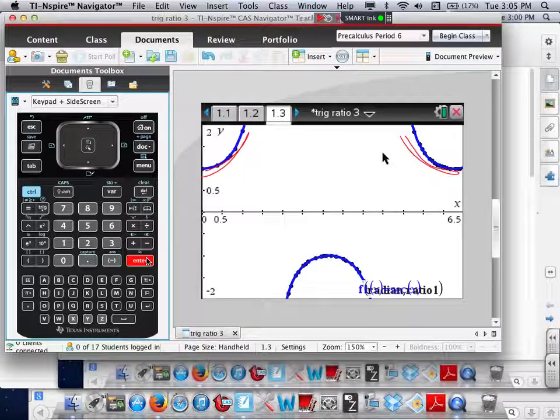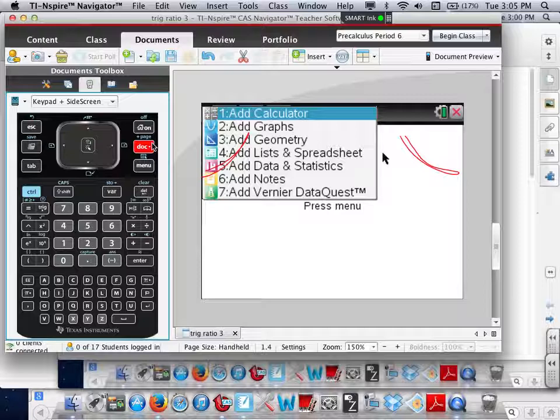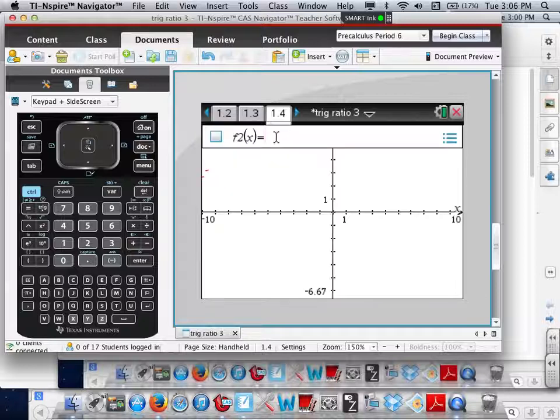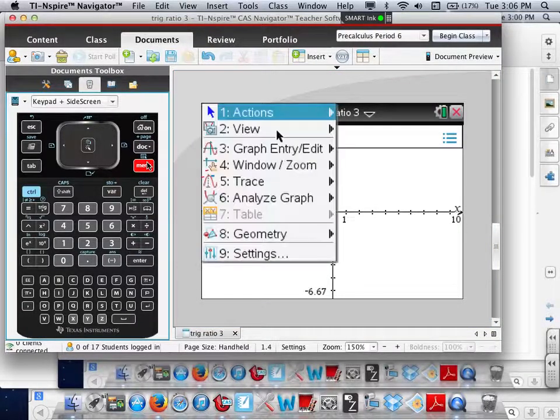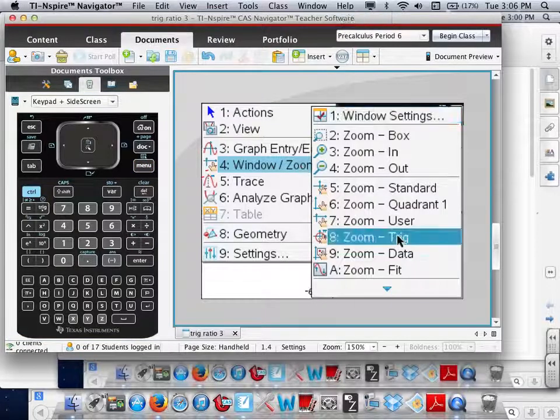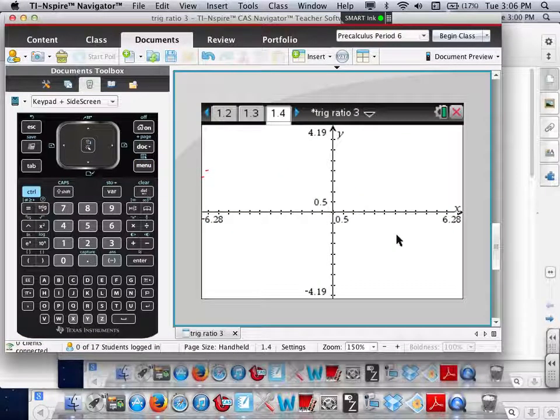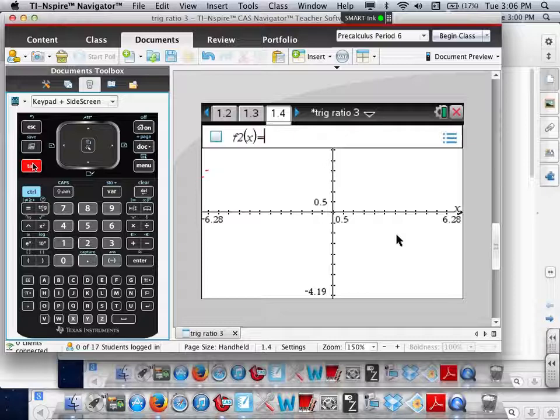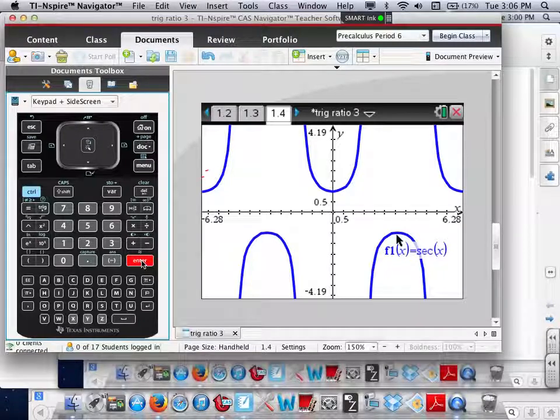If we take a look at the graph of secant on a zoom trig window, we'll take a look at that real quick. If I add another graph page, and I try menu, zoom trig, and I graph secant, there's a good graph of secant.